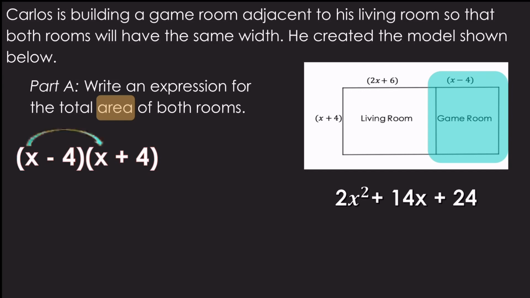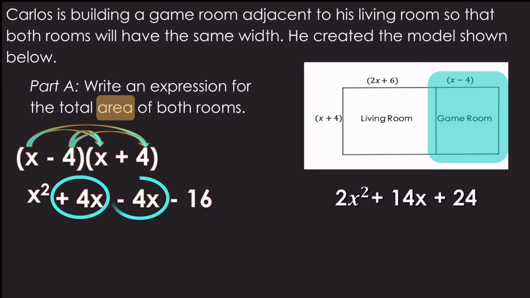You have x times x, which is x squared. X times a positive 4, positive 4x. X times a negative 4, negative 4x. The negative 4 times 4 is negative 16. Did you get that line? Okay, good. Our only like terms are right here in the middle, our x values.